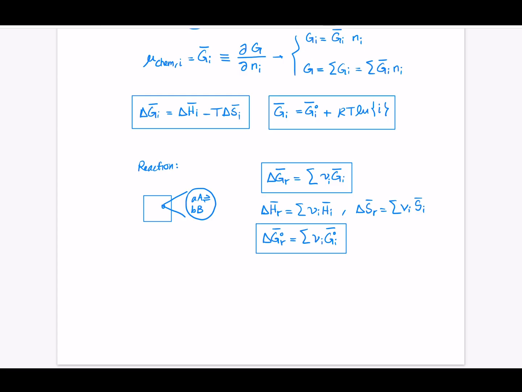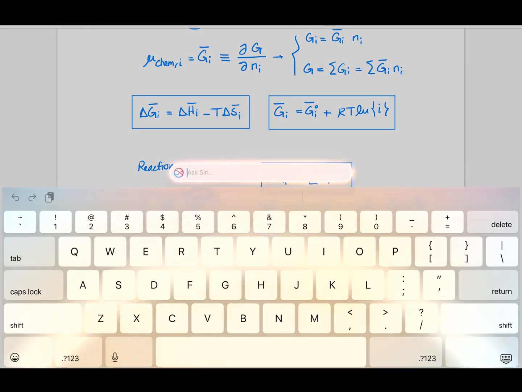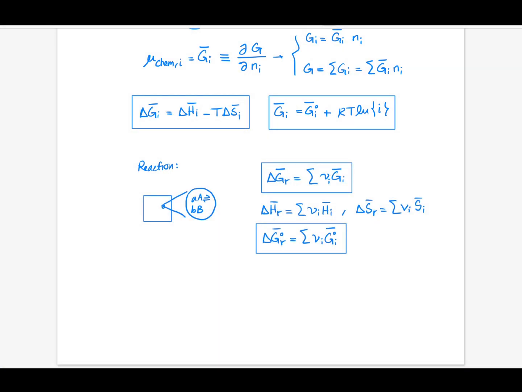And then we talked about how delta G, delta H, and delta S are related to each other. Again, this follows the same relationship we had before. So delta G of reaction per mole is delta H minus T delta S of reaction, similar to species and similar to the general form. And then we mentioned that this is also true at the standard condition.